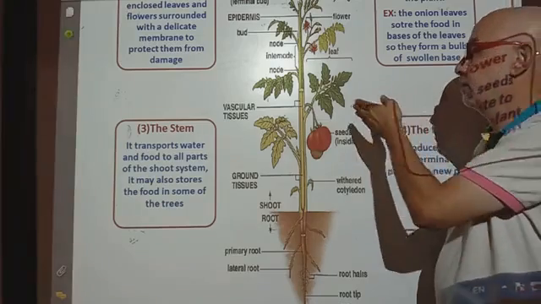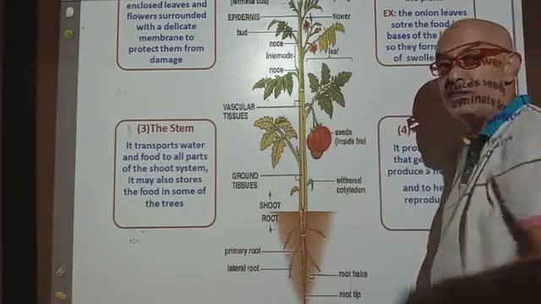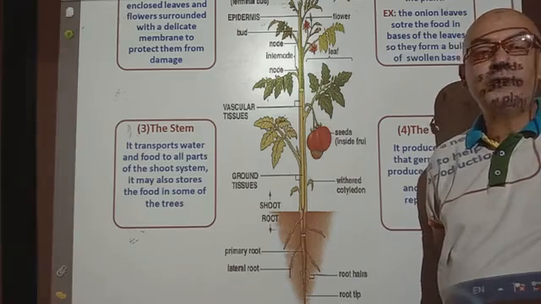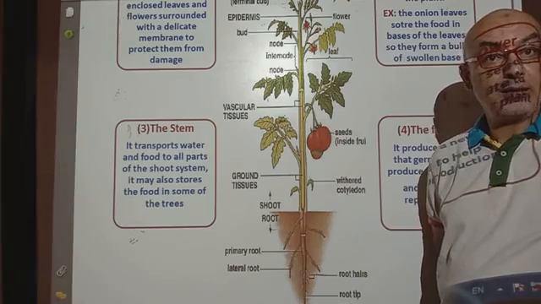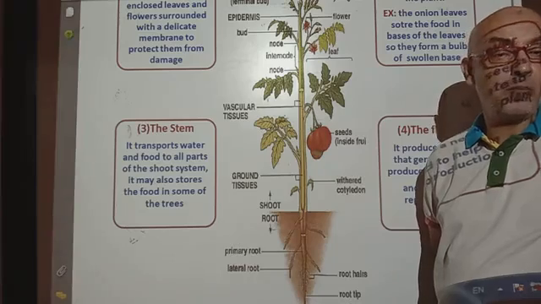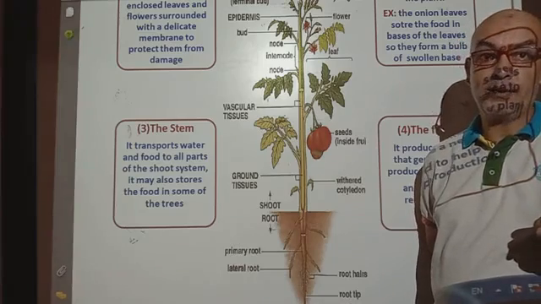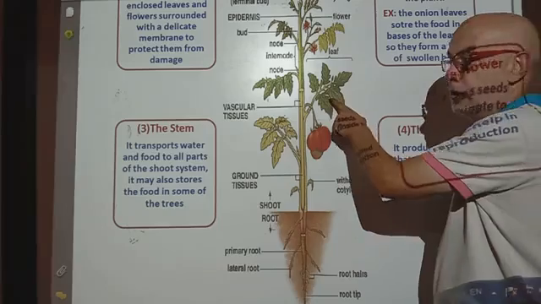That's why some scientists describe the leaves as the food factory of the plant. Why are the leaves the food factory of the plant? Because they absorb sunlight, because they contain green cells, chloroplast and chlorophyll, to capture sunlight for photosynthesis process. The food factory of the plants are the leaves.